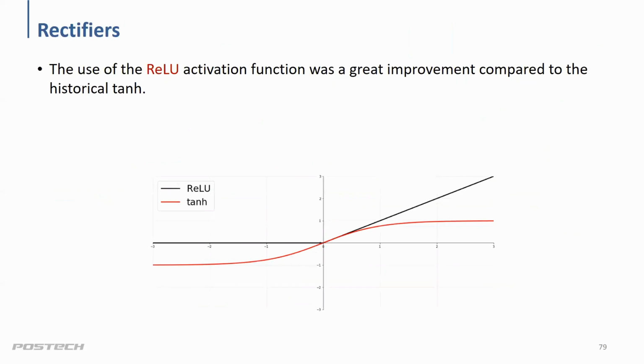So the idea is that they came up with the ReLU activation function. It was a great improvement compared to the historic sigmoid or tangent hyperbolic.